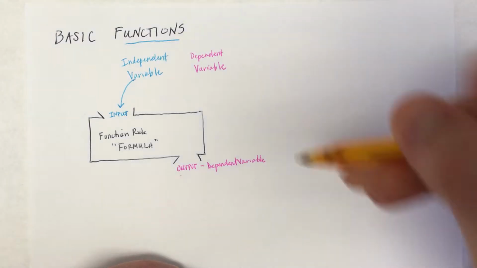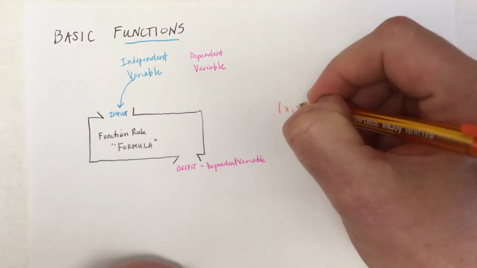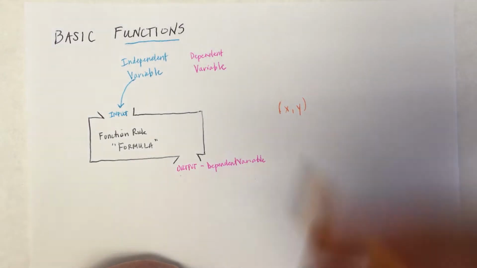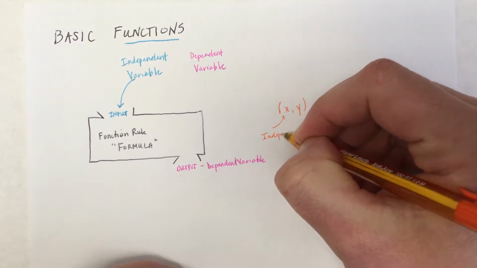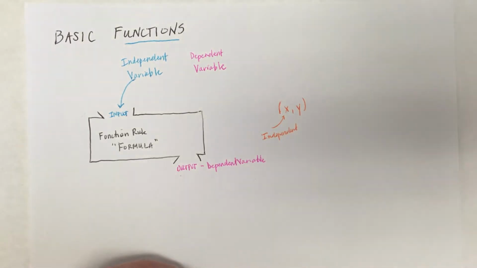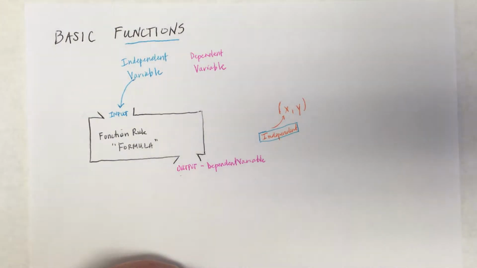As far as things that you're used to seeing, you have your x, comma y. This would be your independent, and here's your dependent.